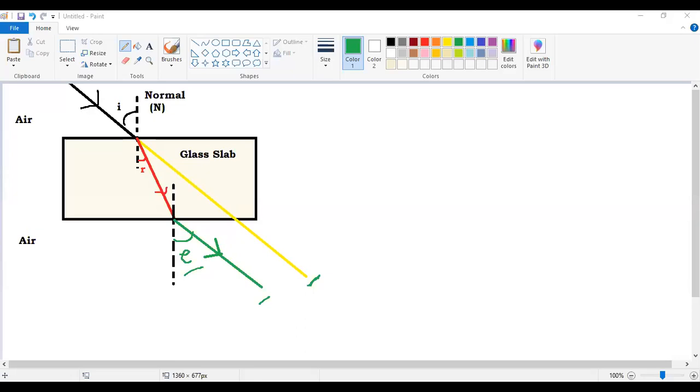And the displacement between the two rays will be known as lateral displacement. So the perpendicular distance between emergent ray and original direction of incident ray is known as lateral displacement.